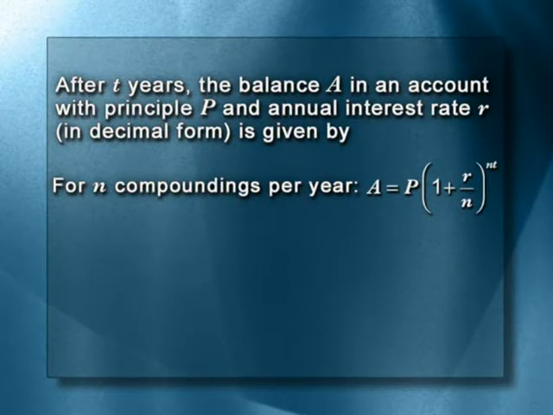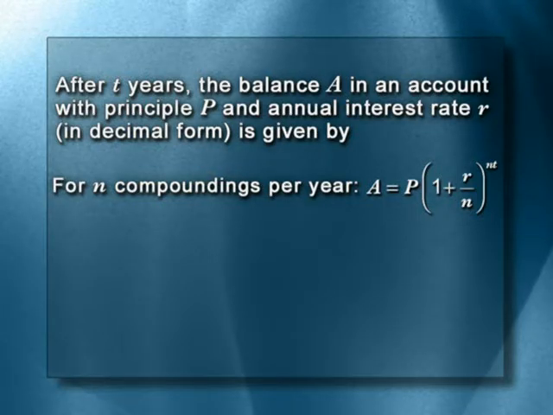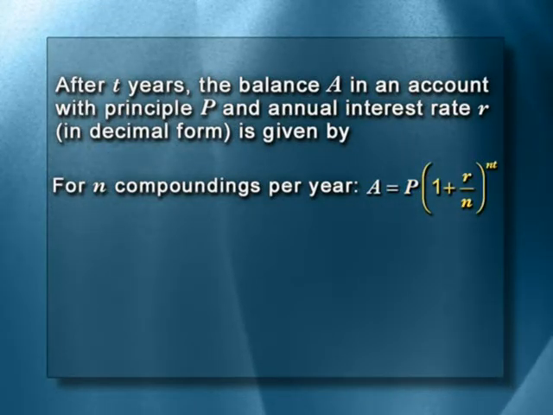Well, the formula changes. And here's what the formula looks like if you compound n times per year. The amount in the bank, A, equals P, the amount you deposit at the beginning, times the following expression: 1 plus r over n, all raised to the nt power.